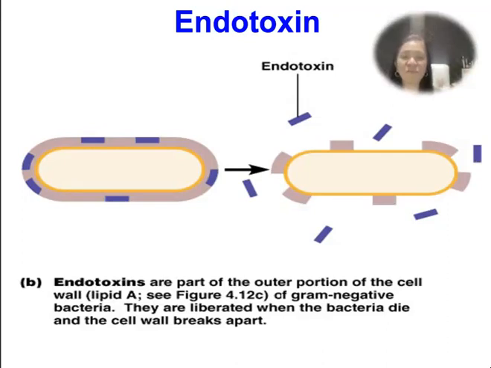Nandun 'yan sa cell wall, okay? Yung lipid A moiety nila, 'yan yung endotoxins nila. So part 'yan ng bacterial cell. It is only liberated when the bacterial cell dies. Okay? Ito is common in gram-negative.